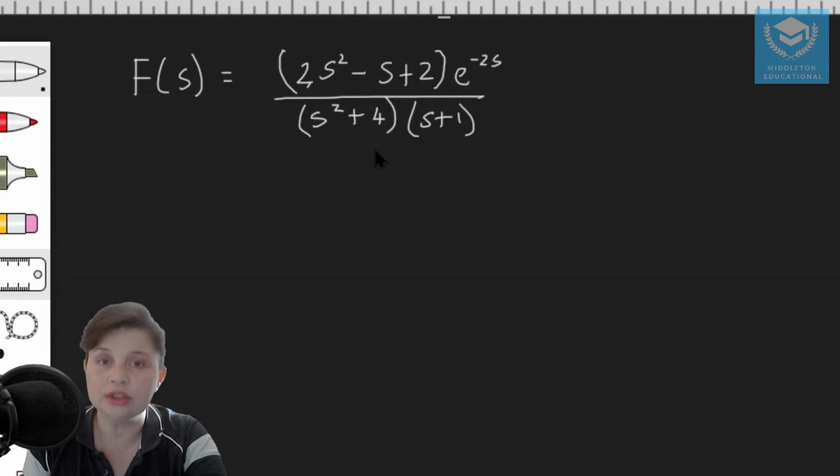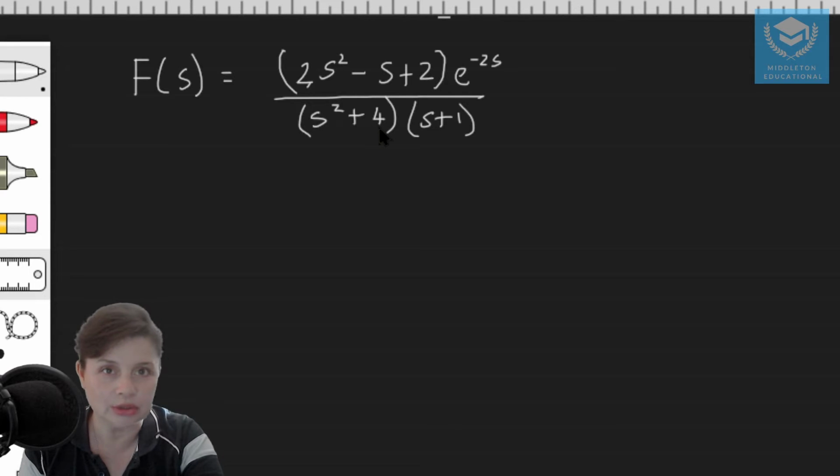If it's not, you look to see if you've got factors, like in this case. So you've got two factors because you've got two different brackets. When you have a situation like this, you know that partial fractions are going to be used somewhere along the line because you need to split that denominator, and partial fractions is the only way you can do that.